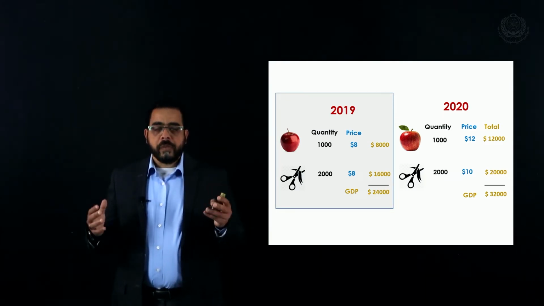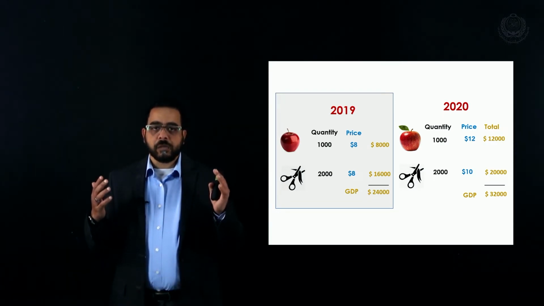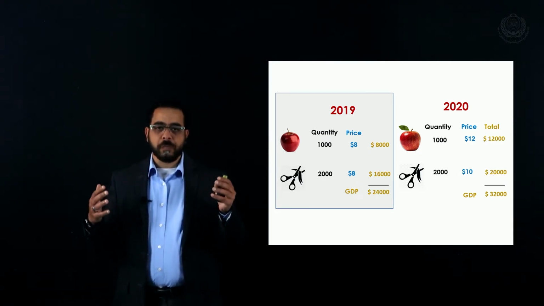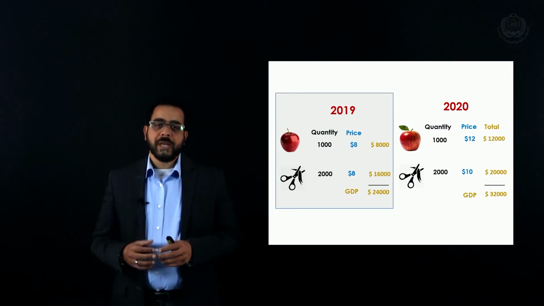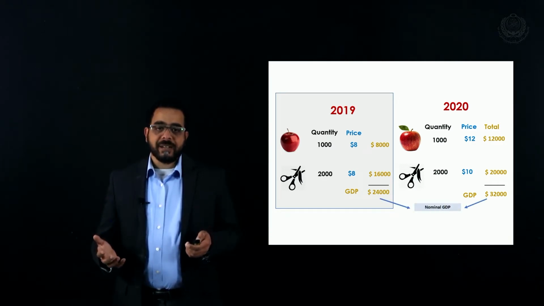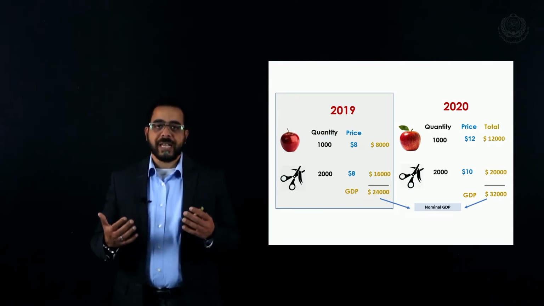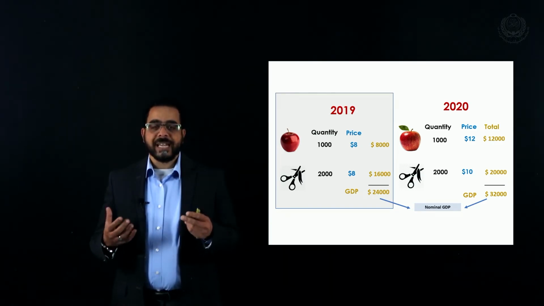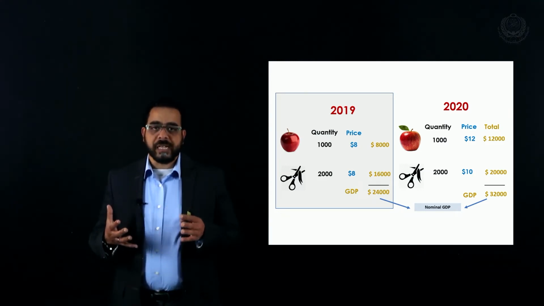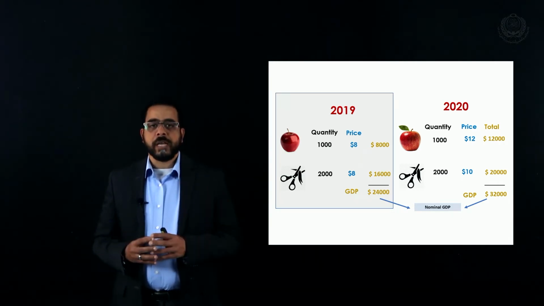I know that more GDP means more economic development, but if I take a look at these numbers, I will see that the GDP actually has increased, but the increase wasn't because of an increase in the quantity produced. It was because of the increase in prices. So the GDP increase here is not due to the increase of my production. It is due to the increase in the prices, and this actually is not representing an economic advancement. So I need to isolate the change only in the quantity and take out the change in the prices.